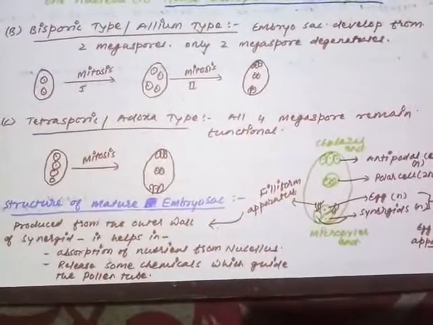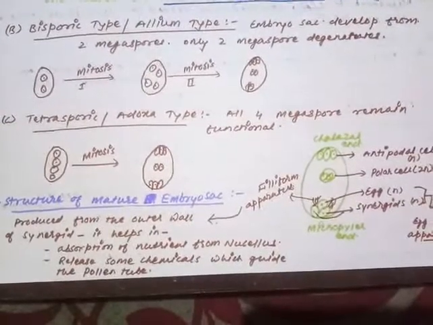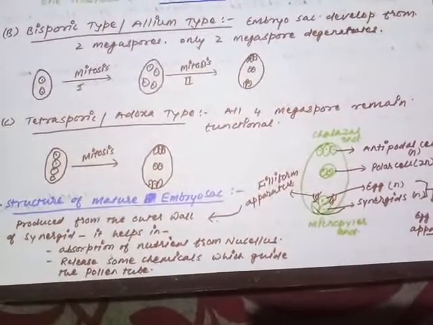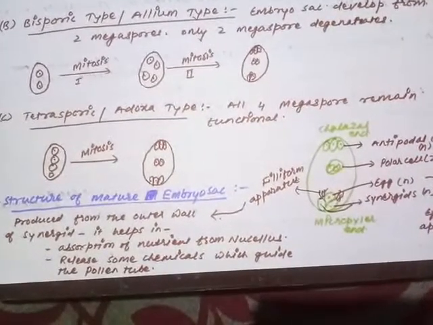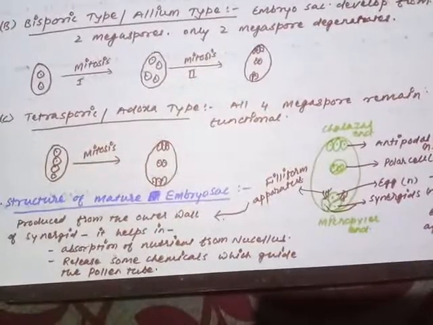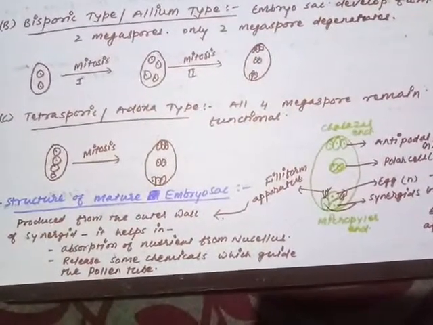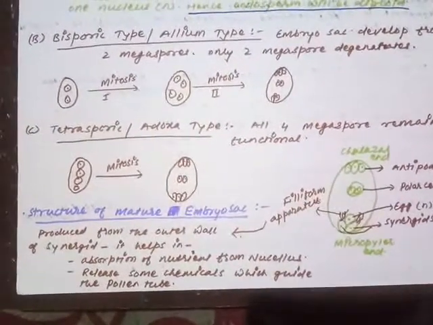That will undergo meiosis and produce 4 haploid megaspores. They all will arrange in a linear tetrad. In microsporogenesis, microspores are arranged differently, somewhere isobilateral, somewhere linear, somewhere T-shaped, somewhere decussate. That is what we have discussed. So here one difference is there. Now what happens?